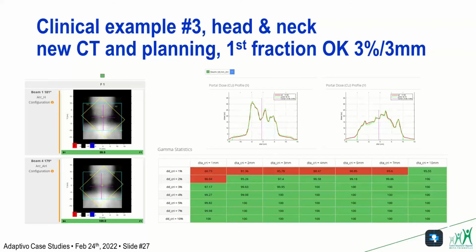And these are the analyses that we had at the first fraction of the new plan, and you can see that it's almost perfect. So the problem was the haircut of the patient. And obviously, because the bone images are not that bad, I think that we would not have seen that without the in vivo module again.